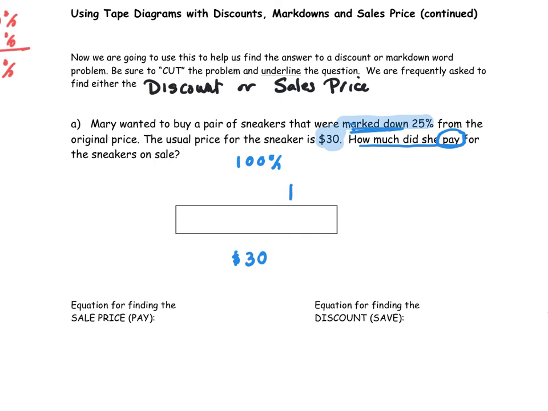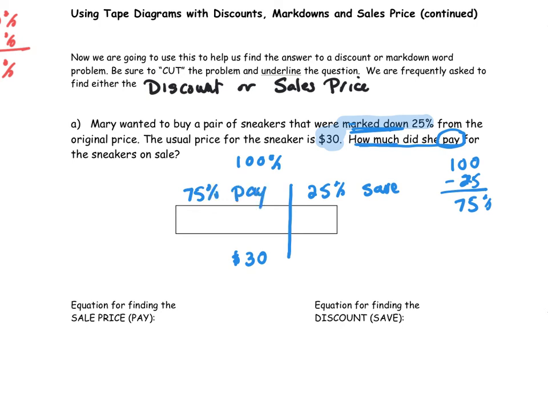So we're going to take off 25%. This is the amount we would save, which means 100% minus 25% would give us 75%. So 75% is the amount we will pay.